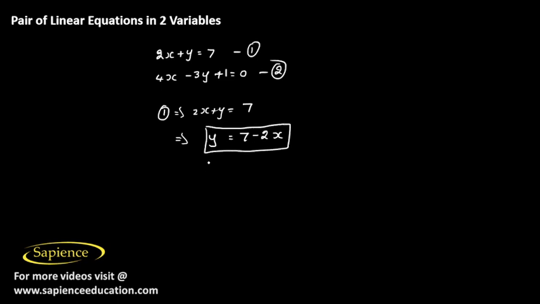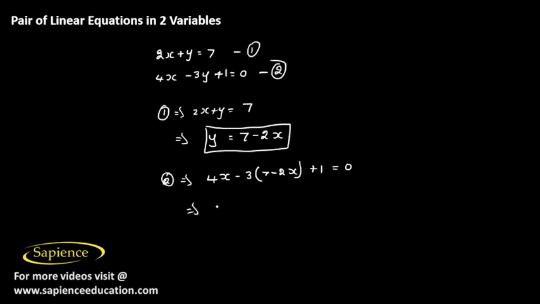Now the third step is substituting the value of y in the other equation, that is in the second equation, and getting the value of x. So the second equation will become 4x minus 3 into, instead of y we will write 7 minus 2x, plus 1 is equal to 0.